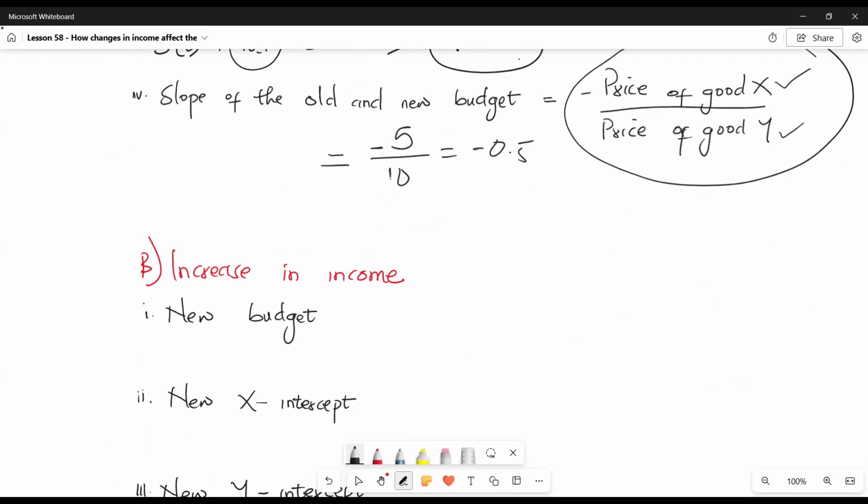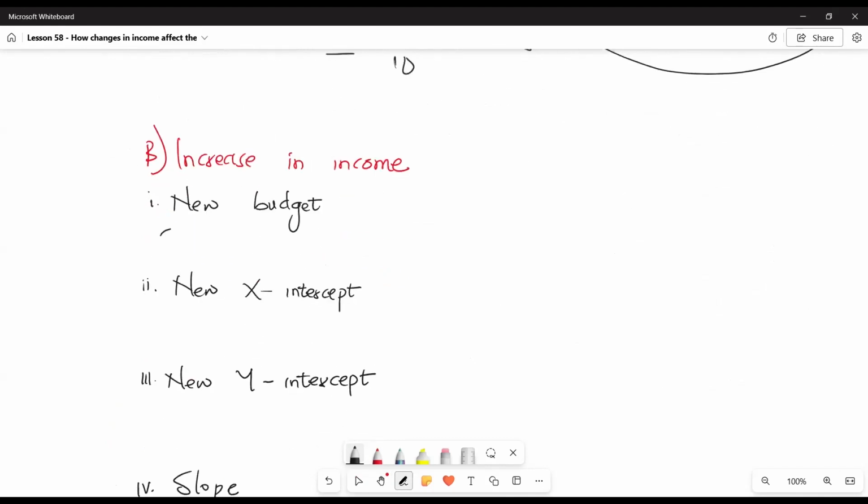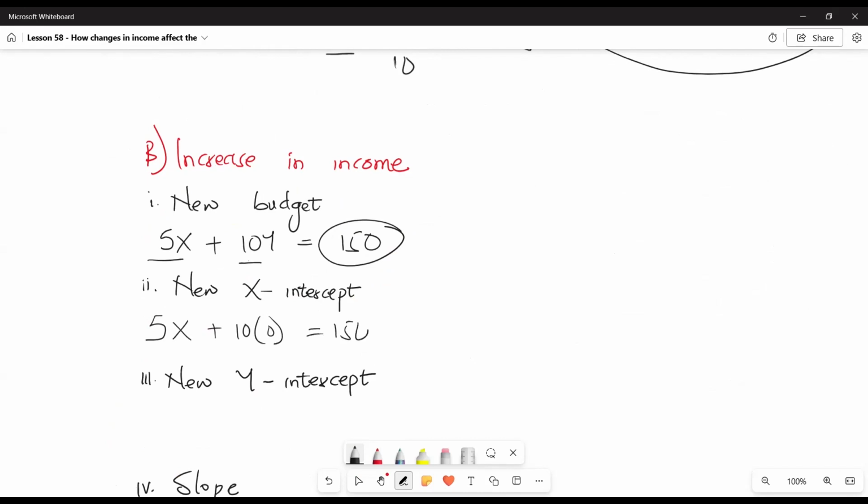The new budget line is then going to be 5X plus 10Y, which is equal to 150. So prices are still the same, but income has now increased. Now the new X-intercept is going to be 5X plus 10 times 0, if Ella doesn't buy any of Y, equals 150.